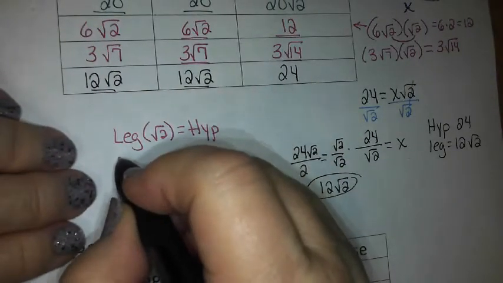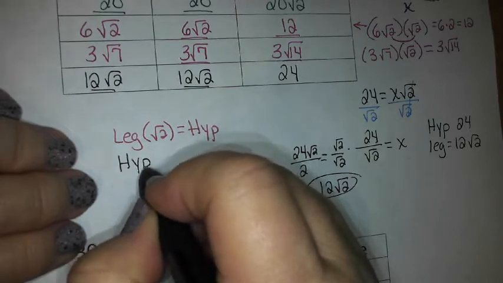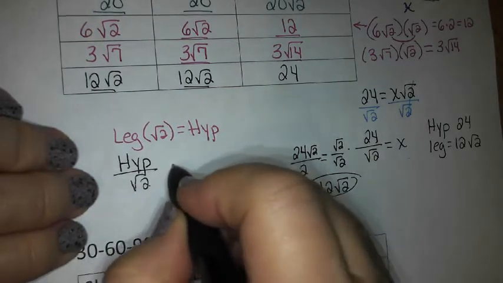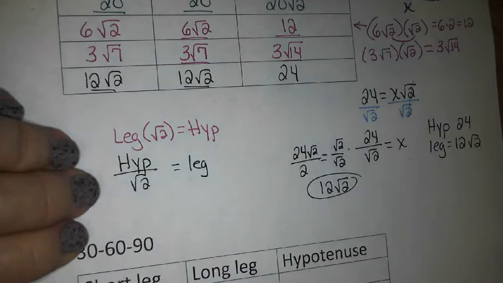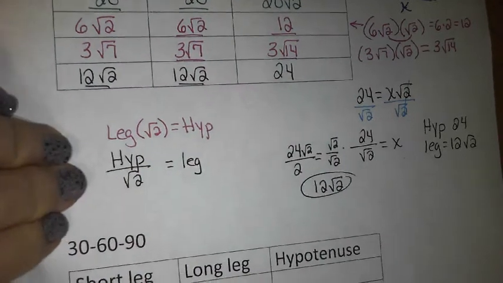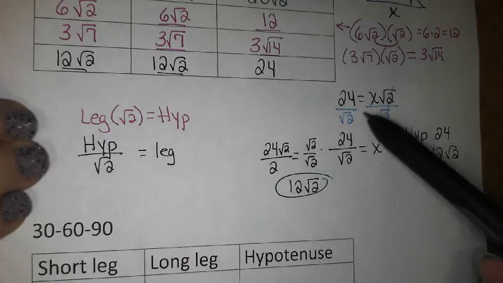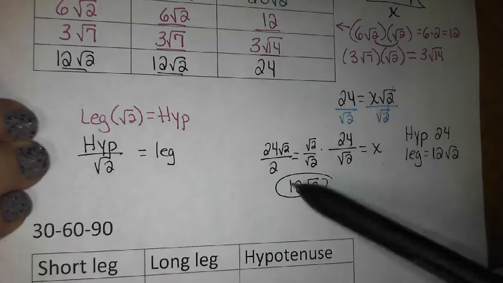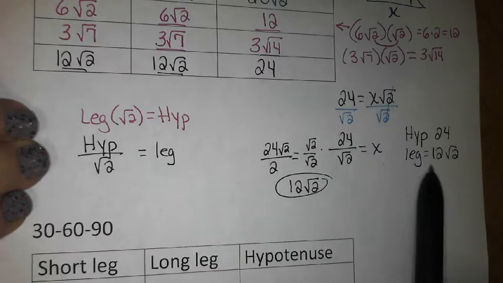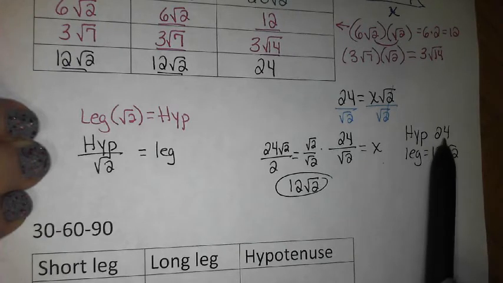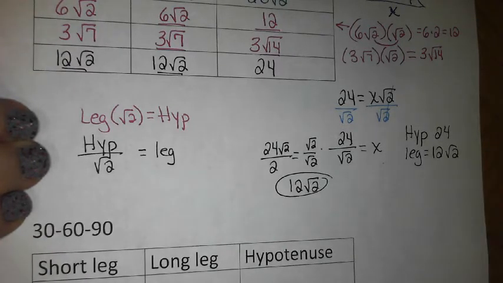So if I know the hypotenuse, I divide by the square root of 2 to get the leg. So that's the other relationship you want to remember. You can go through this process every single time, or if you just remember this shortcut, the hypotenuse was 24, so the leg was 12 root 2.